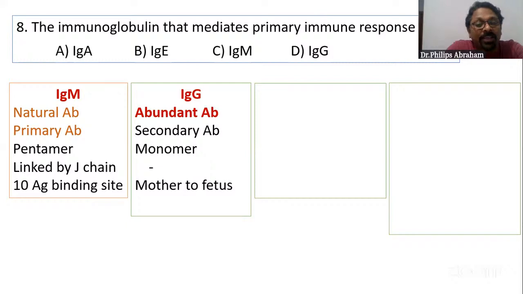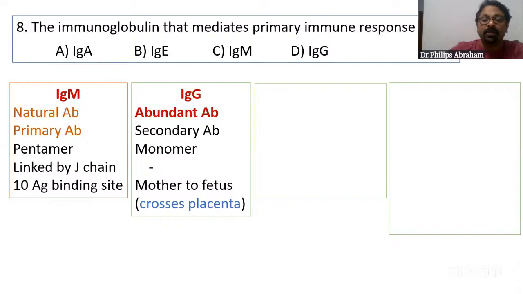This is the only one that crosses the placenta, from mother to fetus. Whenever I teach a student, I ask what you call your mother and father with respect in Hindi: Mataji, Pitaji. I say the G stands for IgG. That's an easy way to remember. This is the only immunoglobulin transferred from the mother to the fetus.